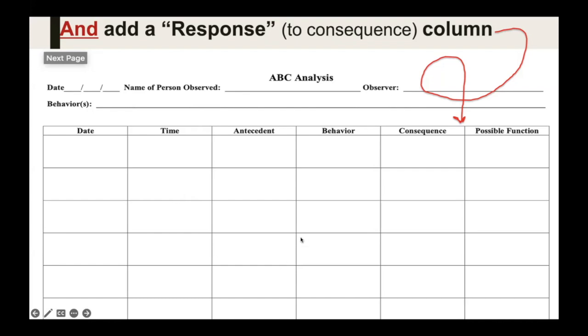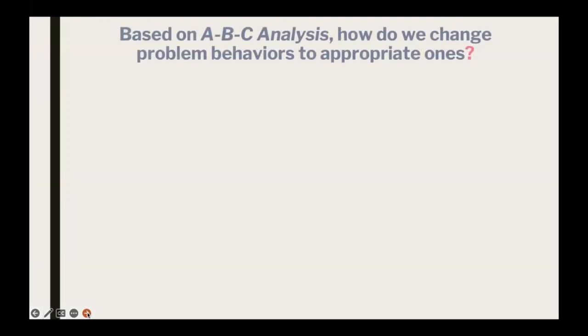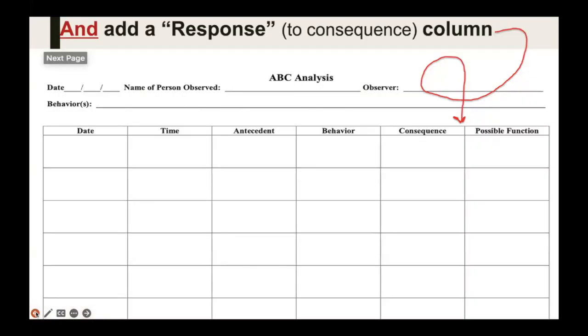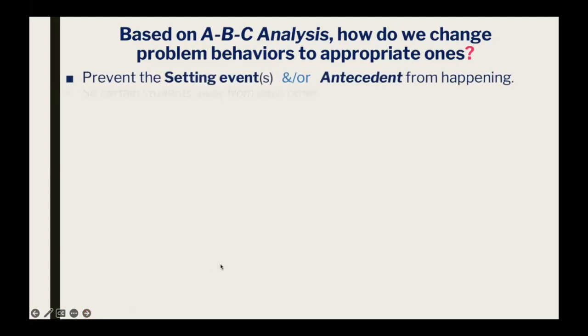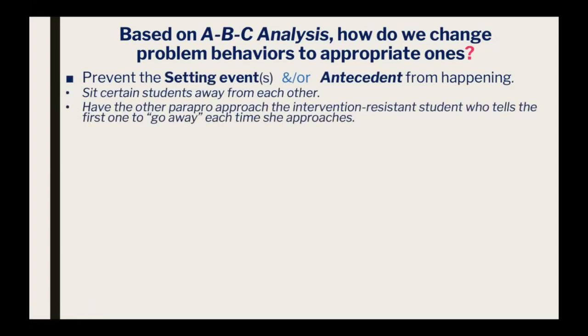Let us then return to our topic of the evening. One of them, the ABC analysis and making use of it. You'll be filling out a form that is provided.